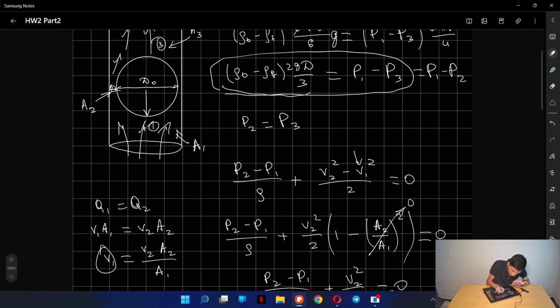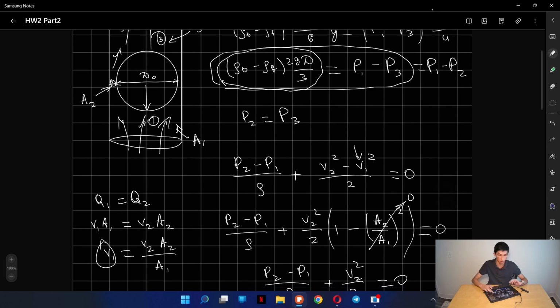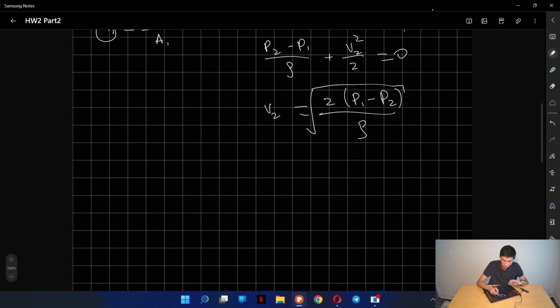So I can get the left hand side of our equation and plug it back into the equation I have here for the velocity.